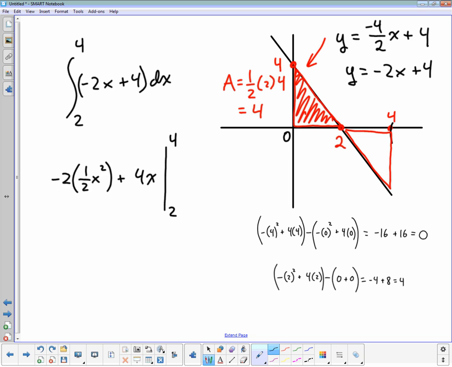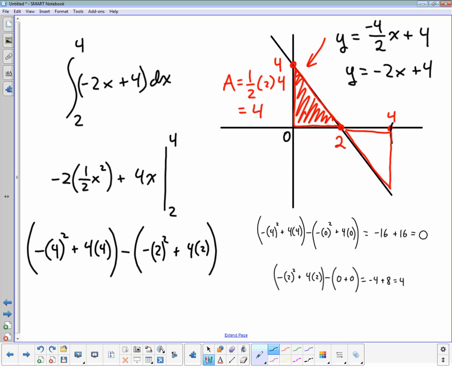And now we wind up getting negative 4 squared plus 4 times 4, minus negative 2 squared plus 4 times 2, which equals negative 16 plus 16 minus negative 4 plus 8.